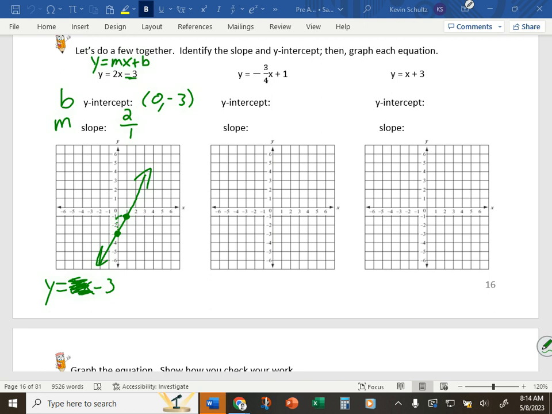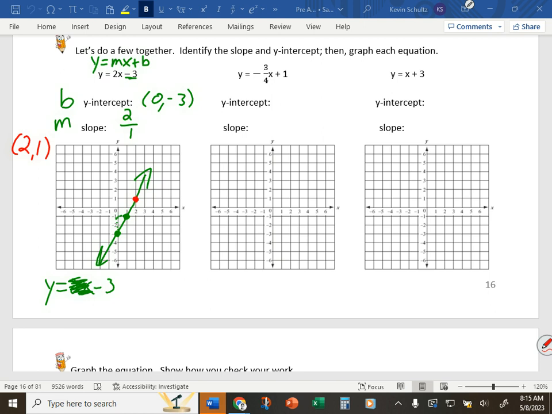There you have it. And we could test this too, right? It looks like our line passes through this ordered pair right here. What is that ordered pair? 2, 1. Which means that if we plug in 2 for x and 1 for y, that equation should be true. Because remember, x and y represent any ordered pair that's on the line. 2, 1 appears to be on the line.